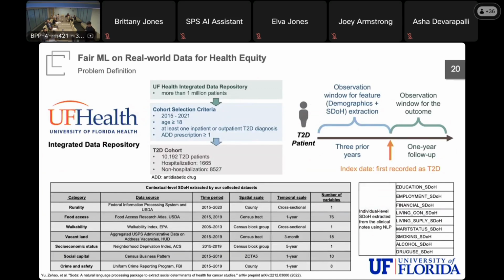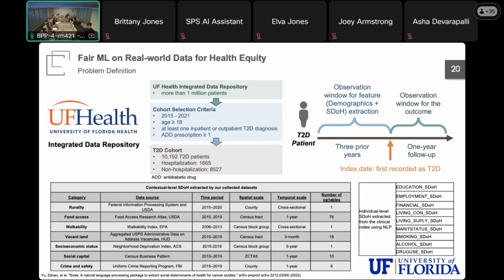Before introducing the framework, I need to share something about the data. We extract the cohorts from the UF Health Integrated Data Repository, aka the UF Health IDR. The IDR is the data warehouse that contains patients' information of UF Health, more than 1 million patients. We select a cohort from 2015 to 2021, and a patient timeline is shown on the right side.